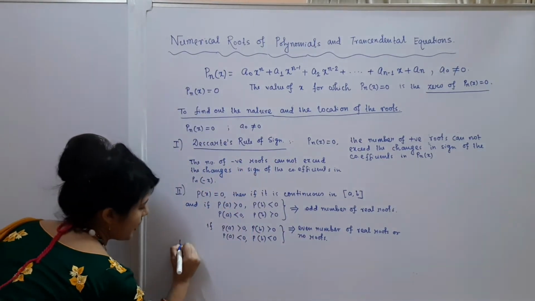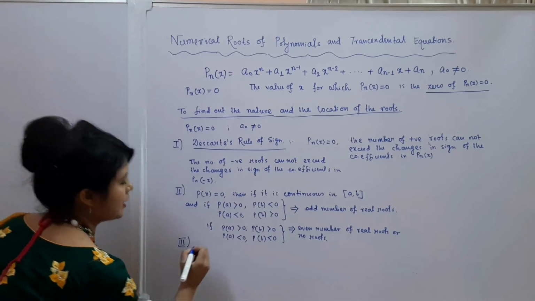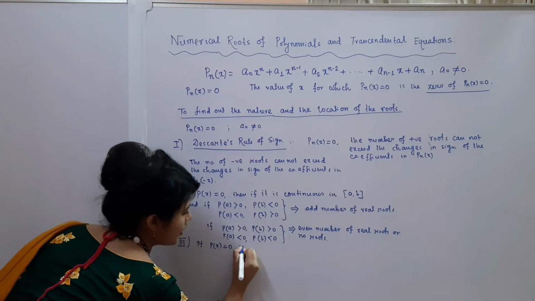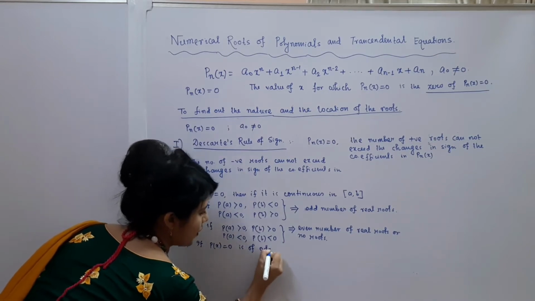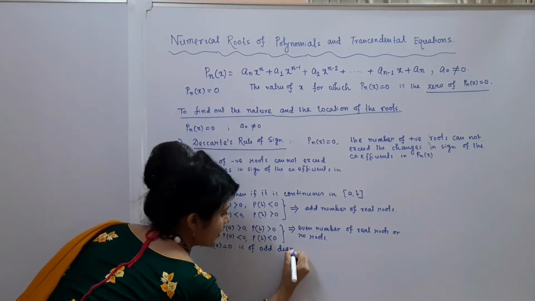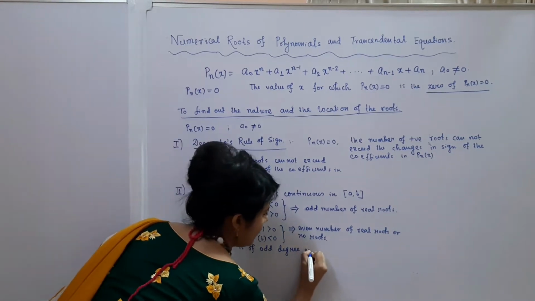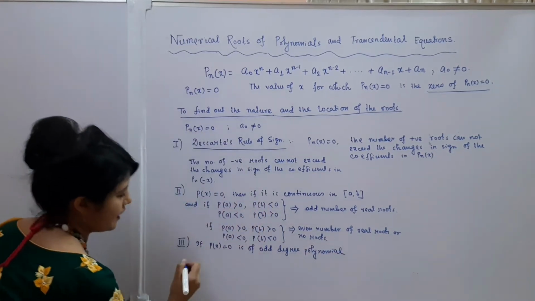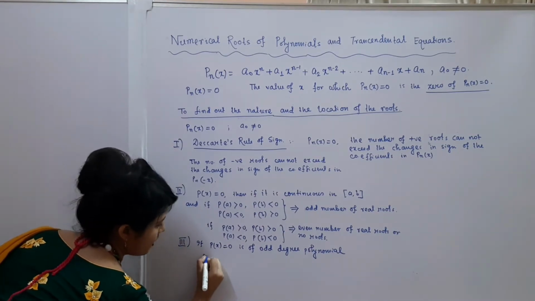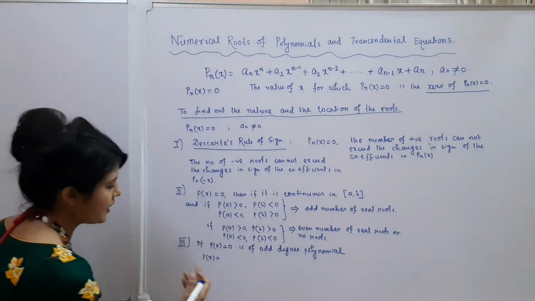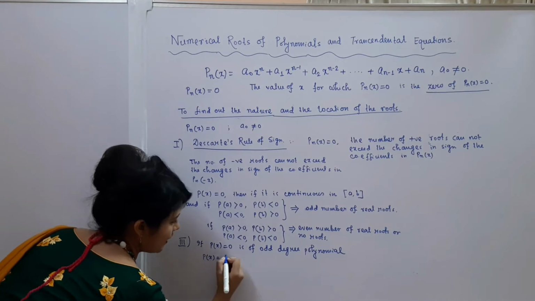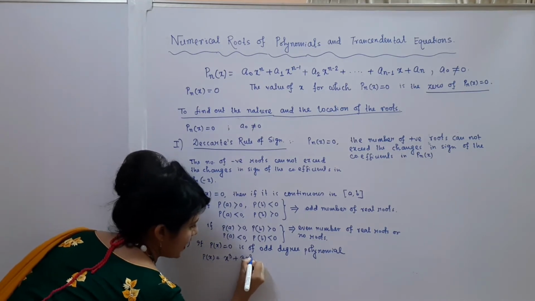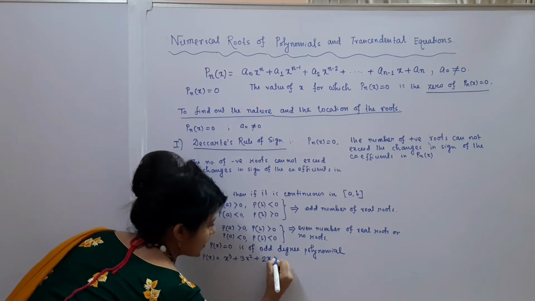Now what is the number 3 condition? That is, if p(x) = 0 is an odd degree polynomial. For example, suppose p(x) = x cube plus 3x square plus 2x plus 1.